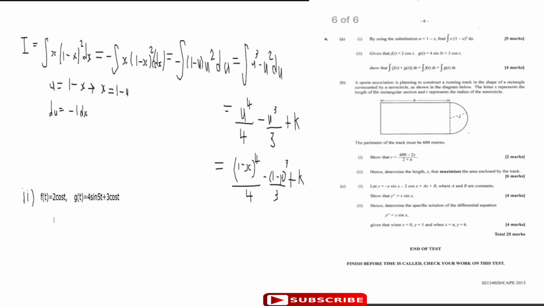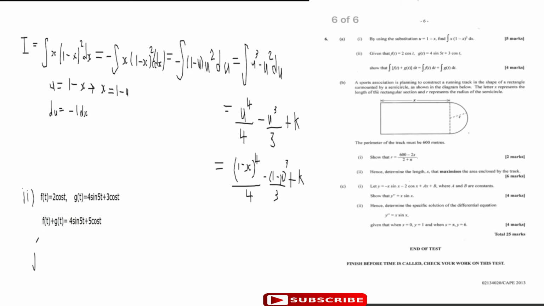All right. And so f of t plus g of t, adding them together, I would get 4 sine 5t plus 5 cos t. All right. That's f of t plus g of t.